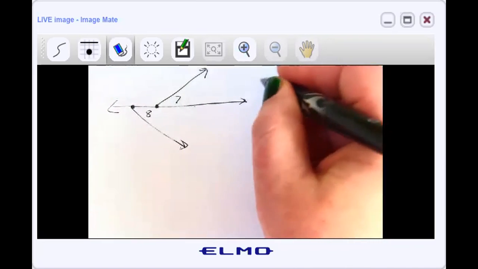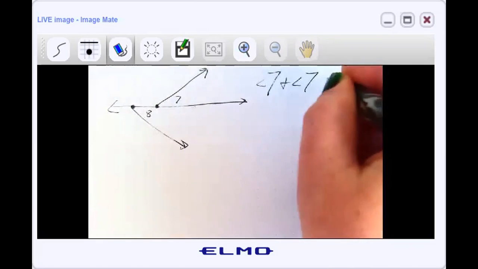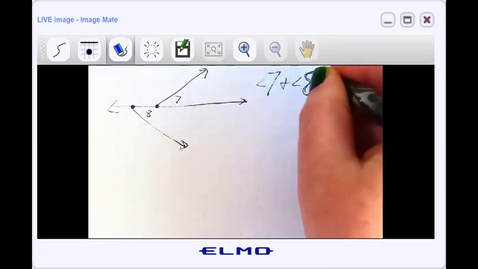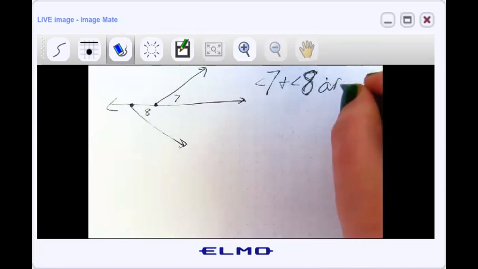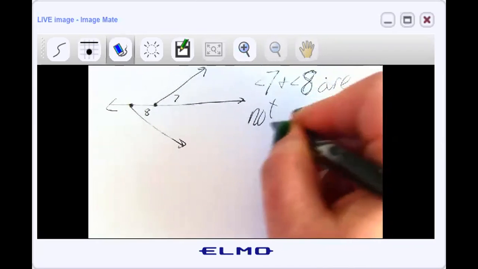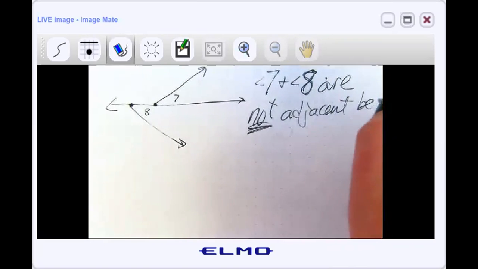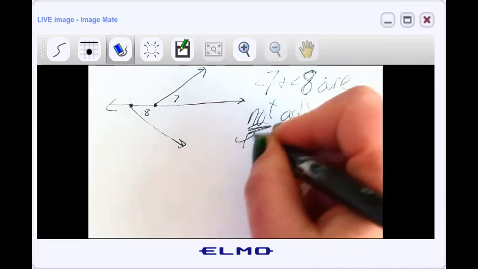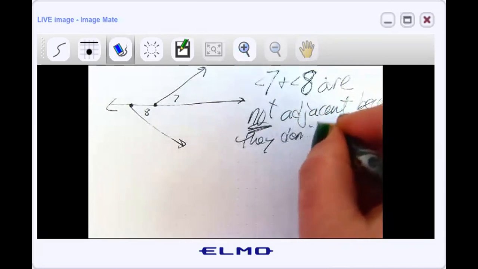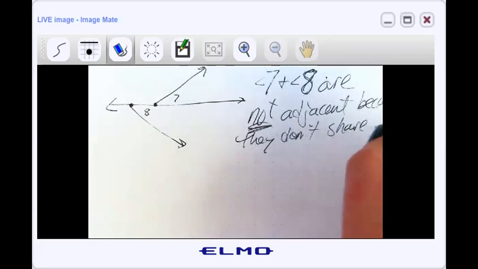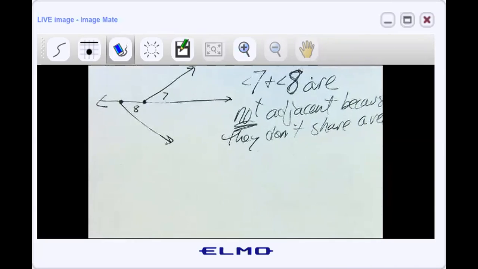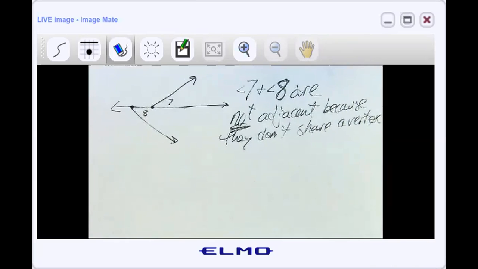So we're going to say angle 7 and angle 8 are not adjacent, because they don't share a vertex. 7 and 8 do not share a vertex, so they don't help me.